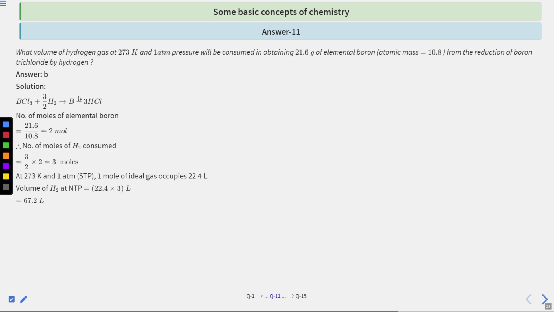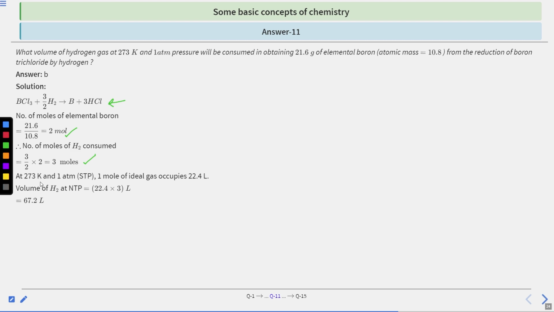Okay, so the correct answer will be the B option. This is the reaction which is going on: BCl3 plus 3/2 molecules of H2 will be giving elemental boron and 3 molecules of HCl. So the number of moles of elemental boron will be 21.6 divided by its atomic mass, that is 2 moles. Therefore, the number of moles of H2 consumed will be 3/2 multiplied by 2, that is 3 moles, right? So using the limiting reagent concept, we are stating these things.